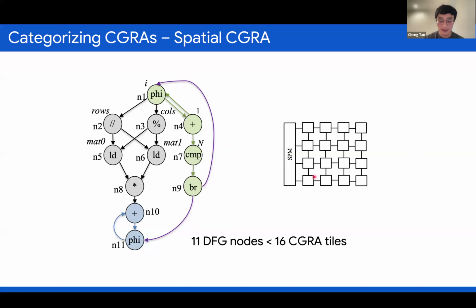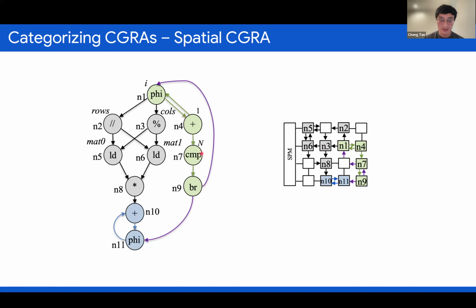And when you have a spatial CGRA, normally your CGRA should have more resources than the given kernel. So here the kernel has 11 DFG nodes and your CGRA has 16 tiles, right? And then you can map your DFG onto this spatial CGRA for acceleration.